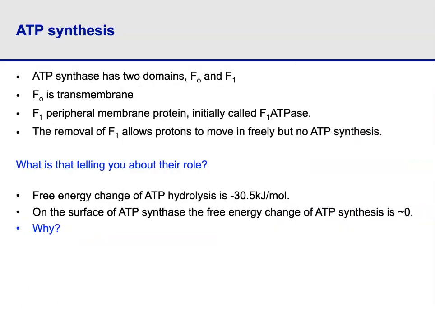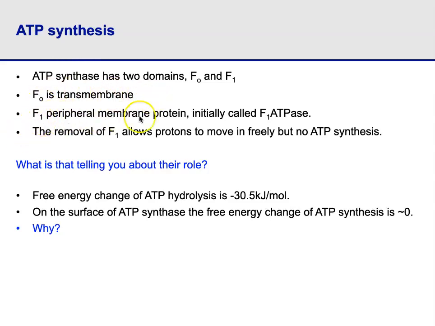Okay, now let's move along. Structurally, and you're familiar with this from 481 when we talked about ATPases, the ATP synthase has two domains, F0 and F1. F0, and the 0 is from oligomycin because it's inhibited by oligomycin, is transmembrane.